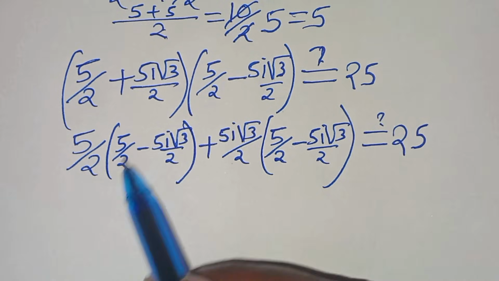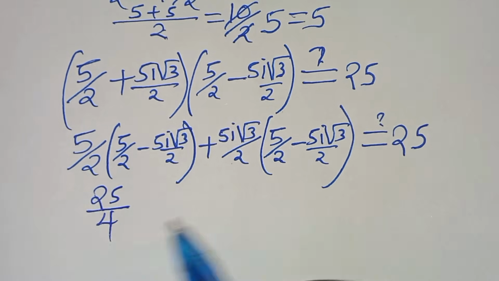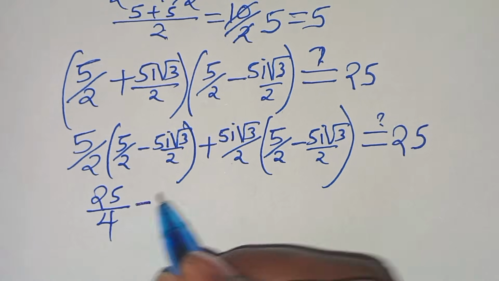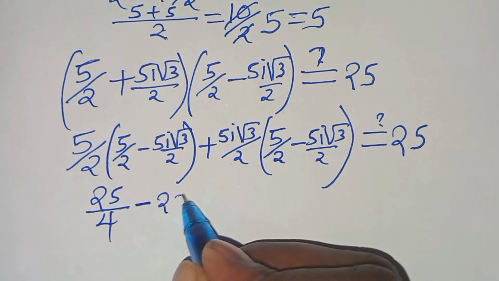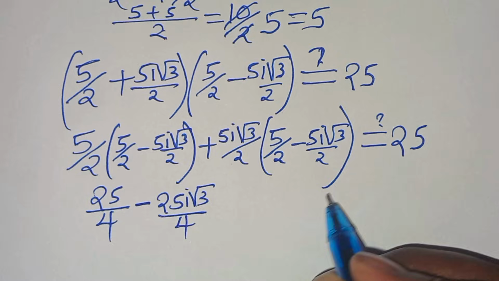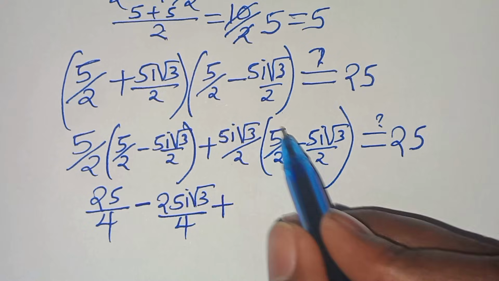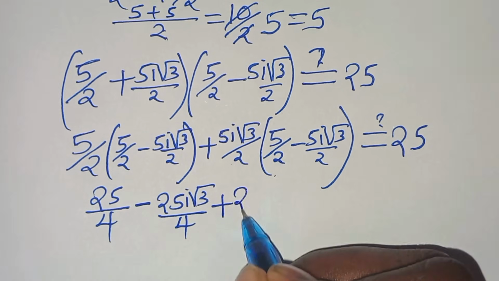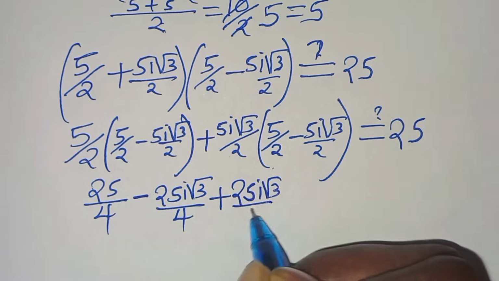So 5 over 2 times 5 over 2, this is 25 over 4. Then subtract 5 over 2 times 5i square root of 3. This is 25i square root of 3 over 4. Then we have plus 5i square root of 3 over 2 times 5 over 2. This is plus 25i square root of 3 over 4.